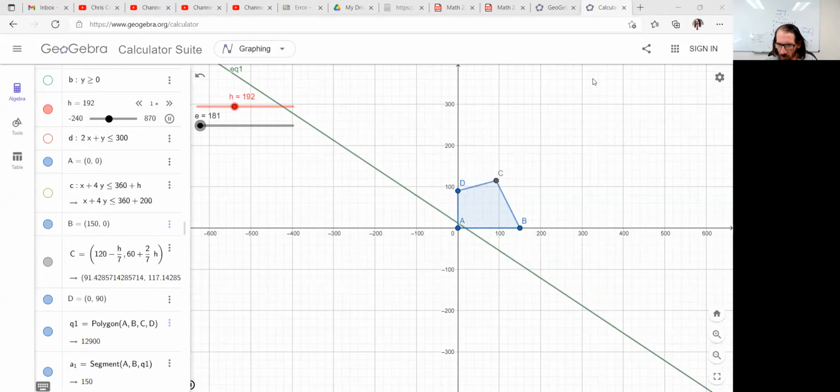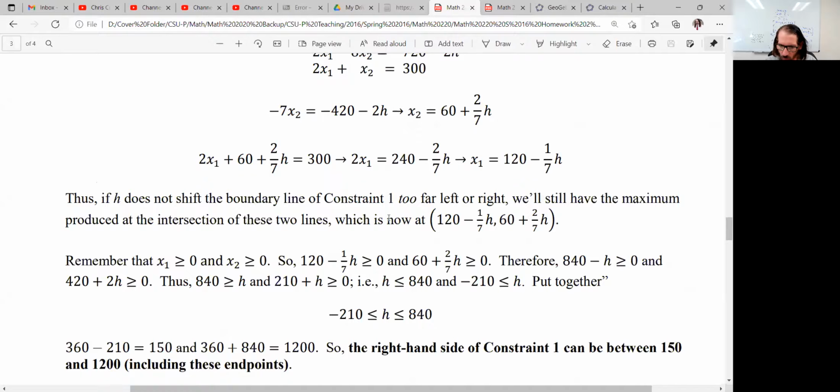But again, we're having constraint 1, we could have x sub 1 plus 4x sub 2 less than or equal to 150, up to x sub 1 plus 4x sub 2 less than or equal to 1200, and still get the intersection of that boundary line from constraint 1 with the boundary line from constraint 2, and that would still produce the maximum.